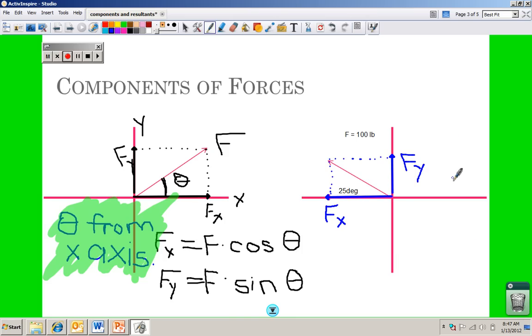Alright, so to do this one, it's going to be f sine theta, and this is going to be f cosine theta.